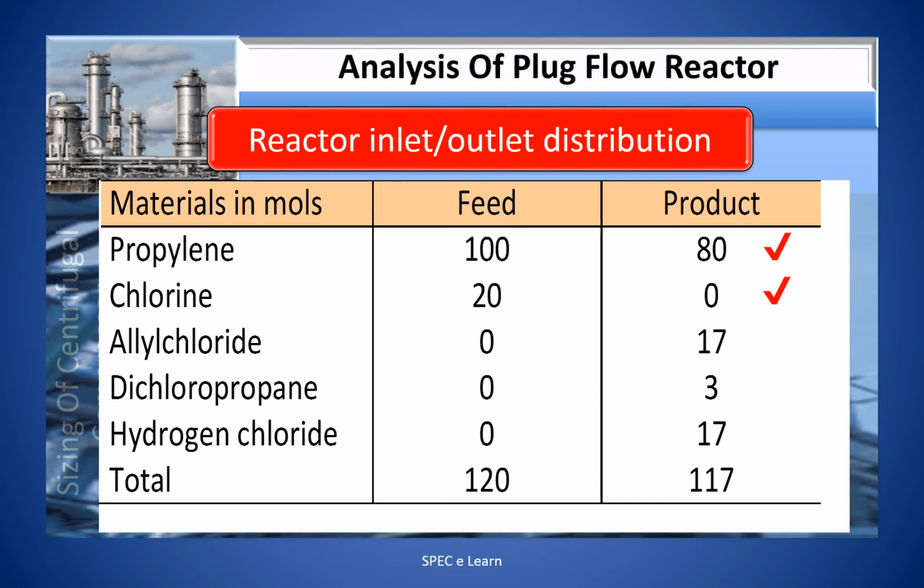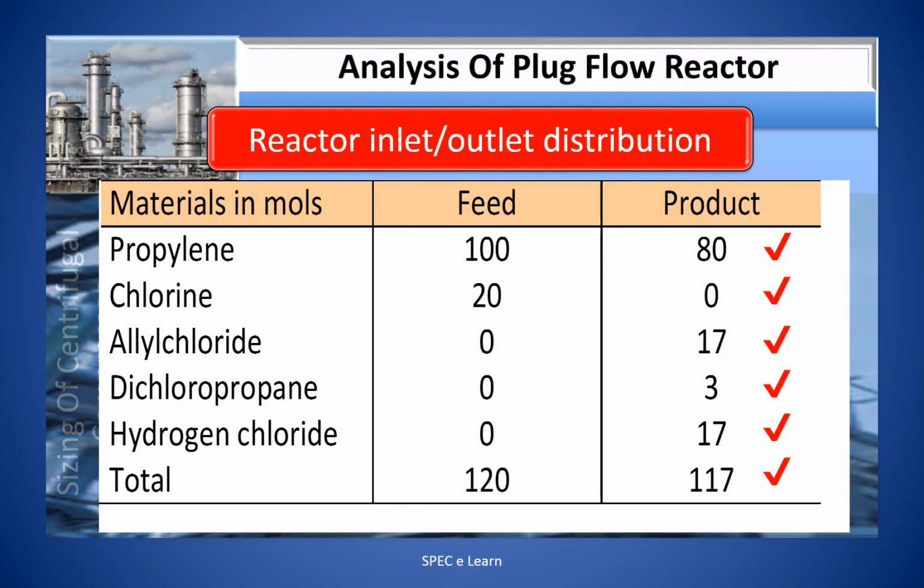Allyl chloride: feed 0, product 17 moles. Dichloropropane: feed 0, product 3 moles. Hydrogen chloride: feed 0, product 17 moles. So the total number of moles in the feed is 120, and in the product is 117.